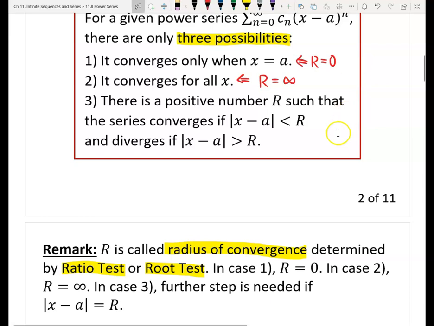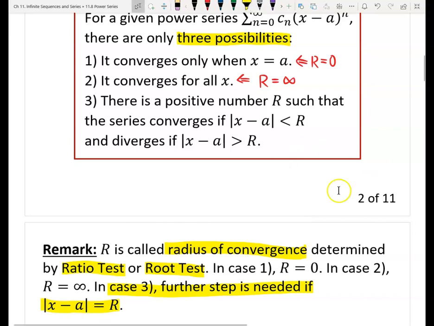And the third case, of course, we have one case missed, which is when the distance equals r, right? Can you see? I will highlight it. In the third case, a further step is needed if the absolute value of x minus a equals r.